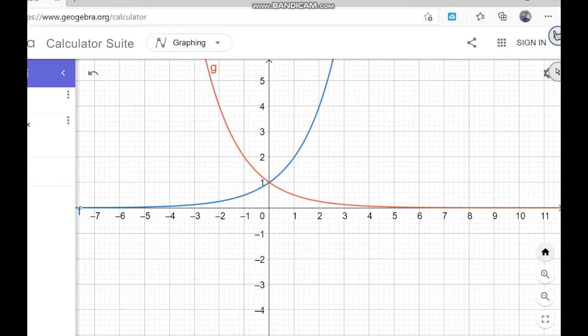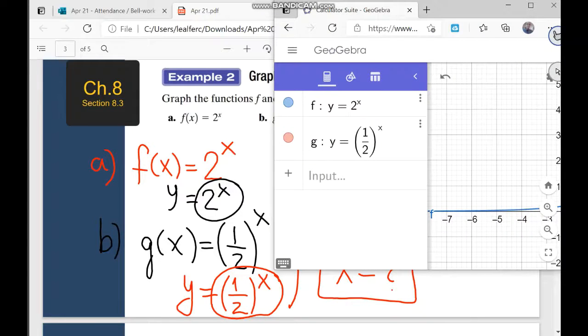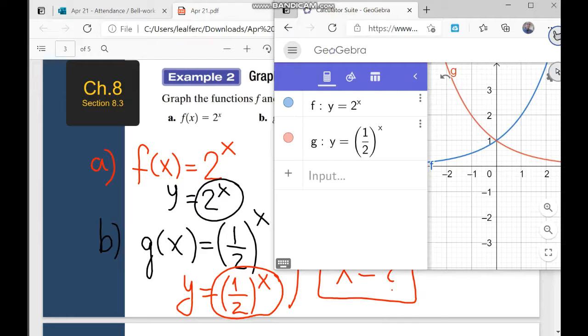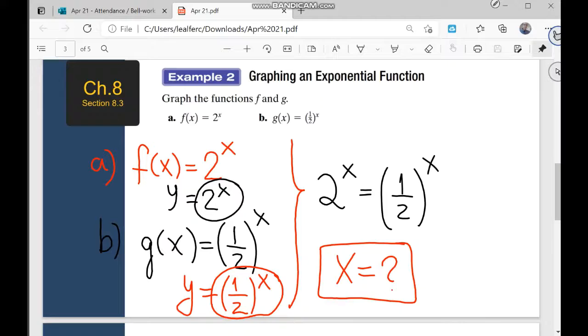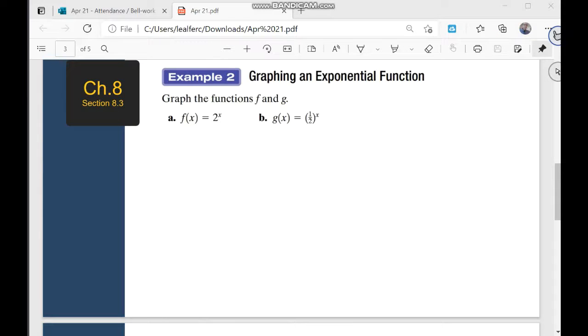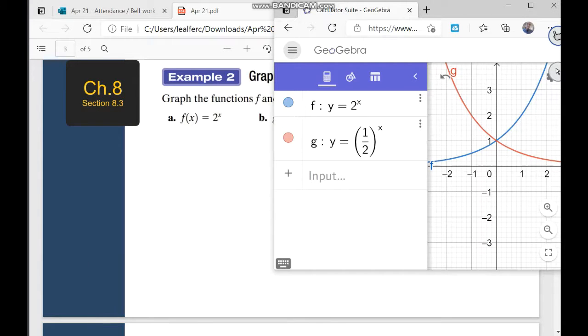Which point here has both colors, blue and red? Can you tell me? 0, 1. Yes, that's right, perfect. Excellent. Very good, Jacob. Yes.